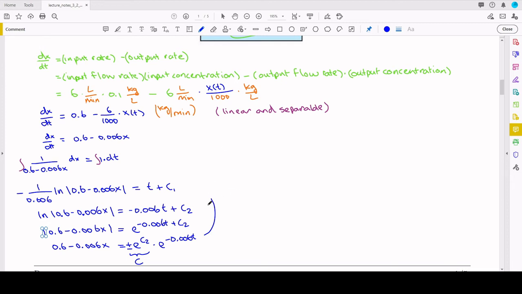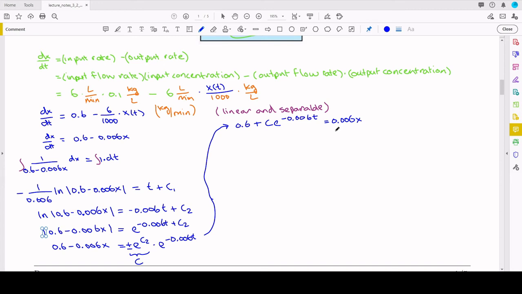So we're going to move to the top right here, and we get 0.6 plus c times e to the power negative 0.006t, and then that c goes to the other side, and so the x goes to the other side, and so we have that's equal to 0.006x.